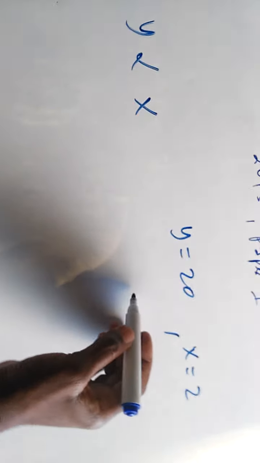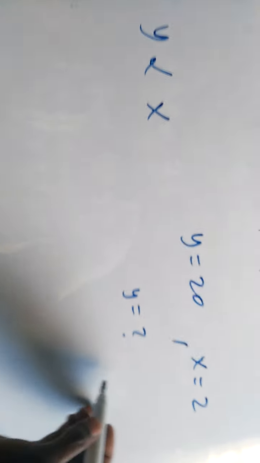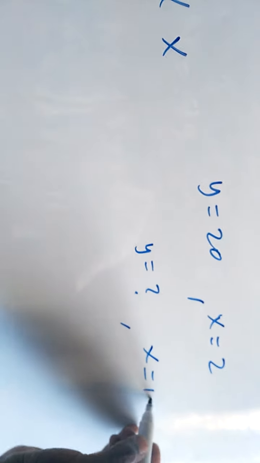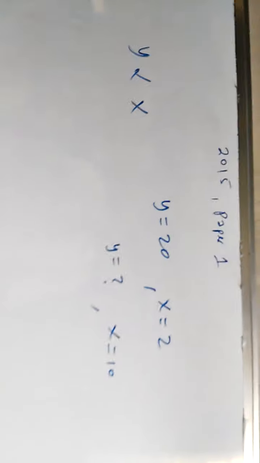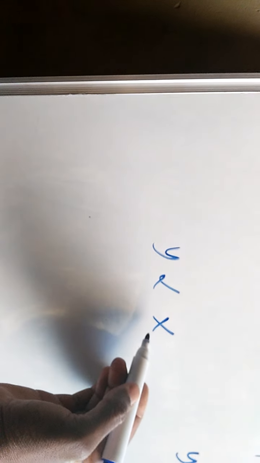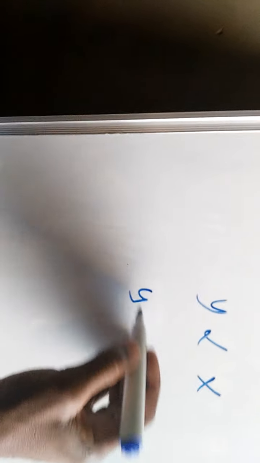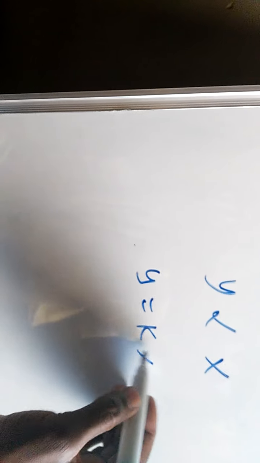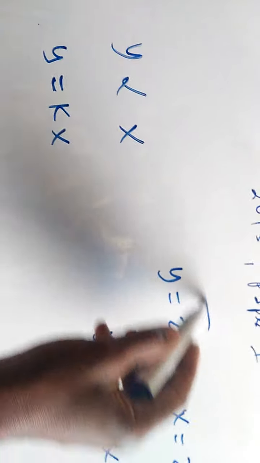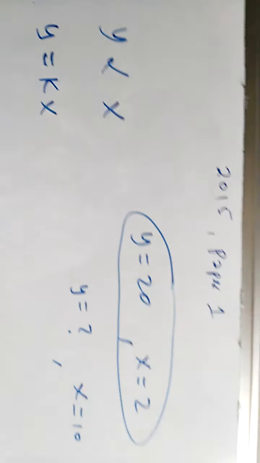Therefore, find the value of y when x is equal to 10. Okay. Variations. So the relationship is such that y varies directly as x. Therefore, we'll bring a constant and say the equation will look like that. We'll get the two values here. They're known ones, so we can have the value of x.